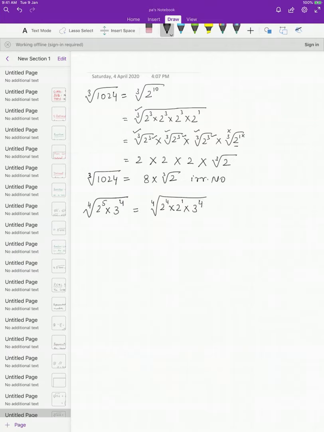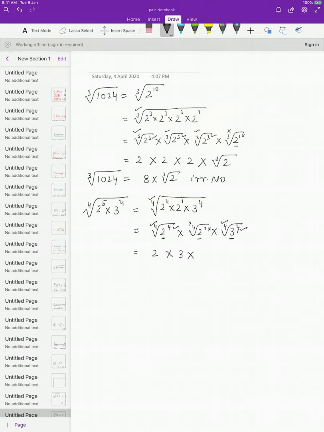I am trying to match the powers with the order of the radical sign as far as possible, so that the numbers can be taken out of the radical sign. Now here the order of the radical sign is 4, the power is also 4, so this number 2 can come out. This order and power are not the same, so this 2 cannot come out. The order of the radical sign and the power of the number is the same, so this 3 can come out.